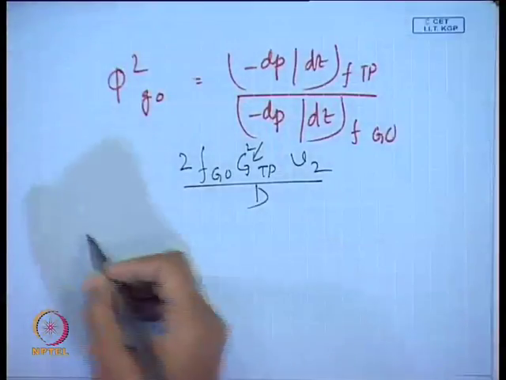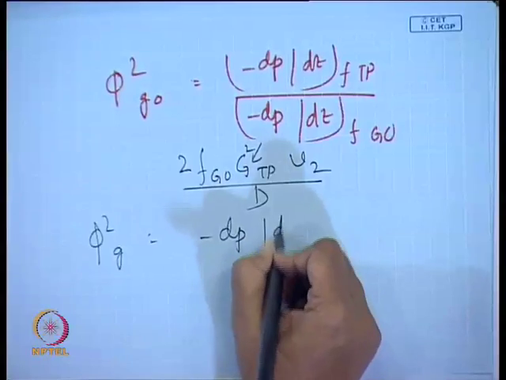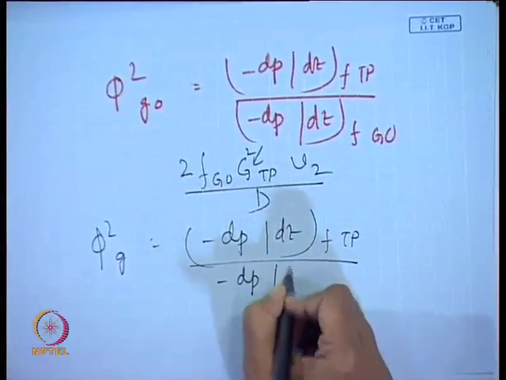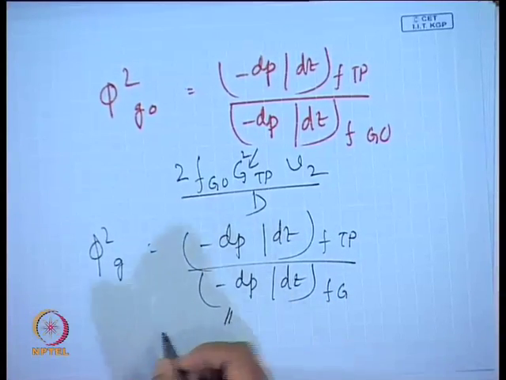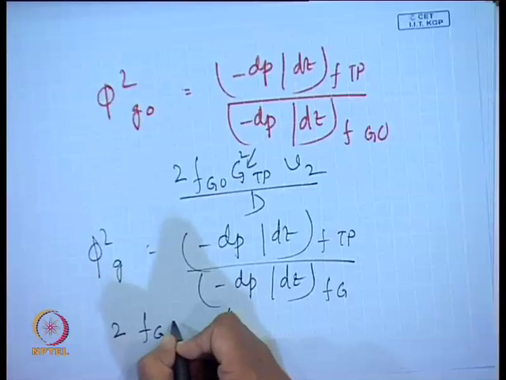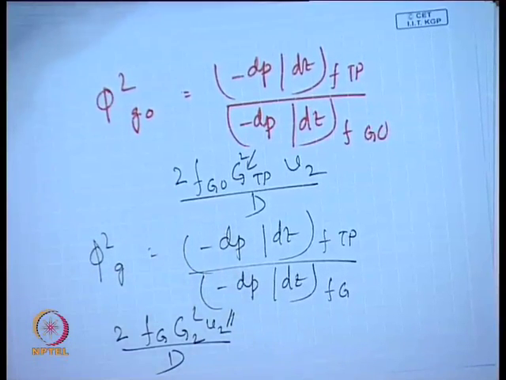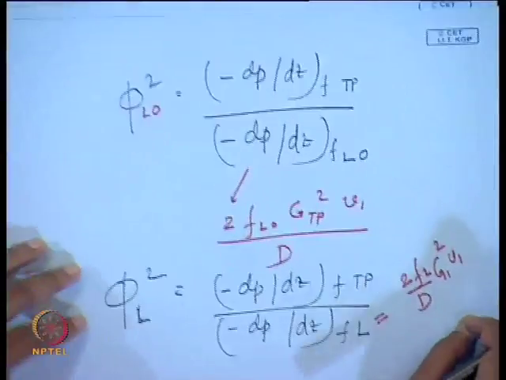But for other normal circumstances, we use phi L square and phi G square, where phi G square, again if we define it, will be in terms of the gas phase in the two phase mixture that is flowing alone in the pipe, G2 square V2 by D. If you understand the liquid phase things, the same way the gas phase things can be understood.